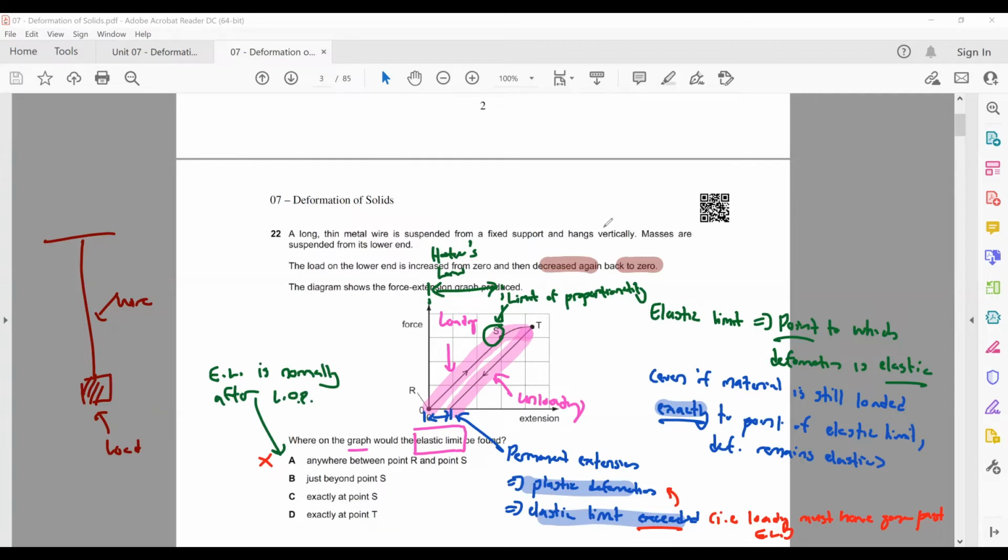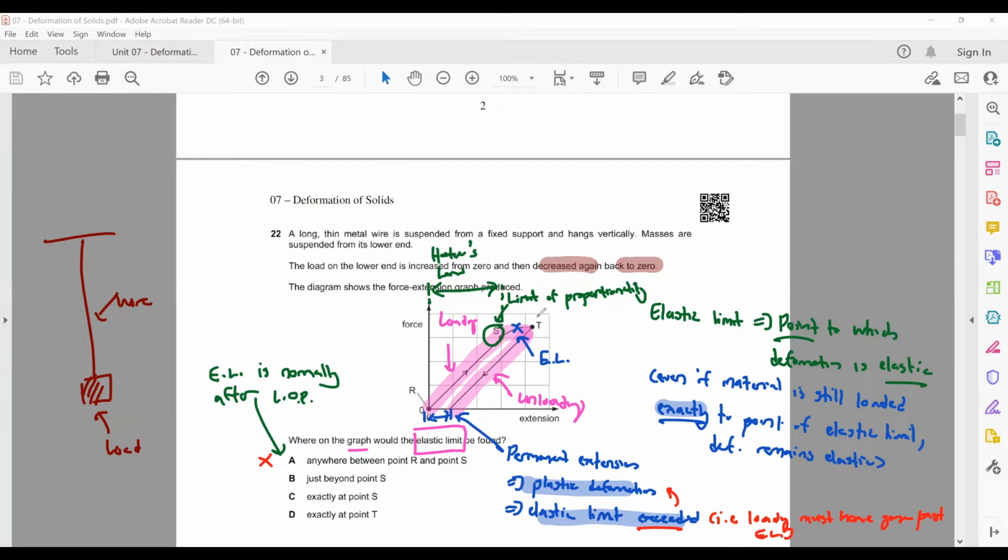Now, what about the other answer choices just beyond point S? If they suggest that this is your elastic limit, does it make sense? If you say that it's just beyond point S, just after here, but still before T, does it make sense for this to be the elastic limit?